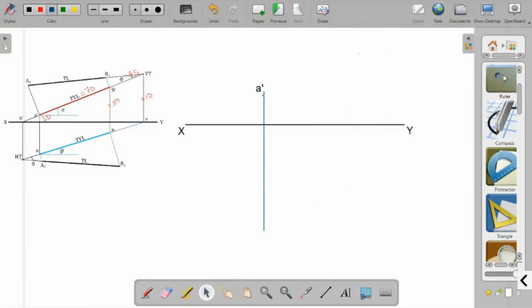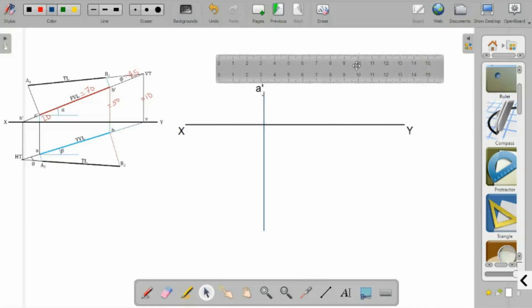Above we draw the locus of B dash. So this is the locus of B dash.